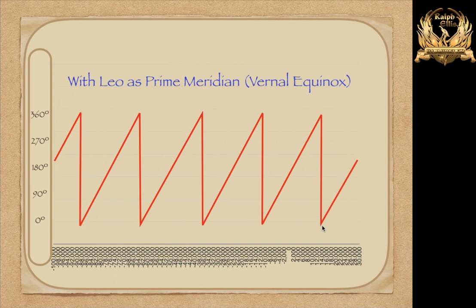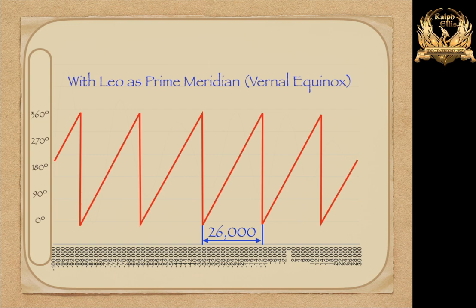Anyway, we're using Leo as the prime meridian. And we have this wonderful, predictable movement of the axis of the Earth. And this describes a wavelength of 26,000 years. It's not always 26,000 years, of course. It varies a little bit, plus or minus 500 years or so. But it's a predictable, roughly average 26,000 year cycle.